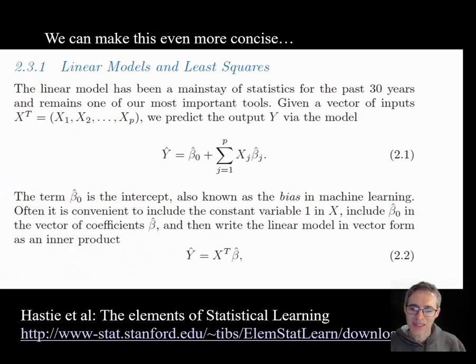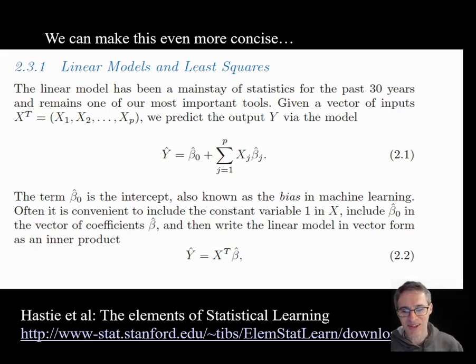But if we make this more concise, we can generate a way of solving for these variables that will extend to any number of variables, not just the two parameters of a standard regression model. And here for the first time, I'm going to be taking a few pages from The Elements of Statistical Learning, a very, very excellent machine learning textbook.